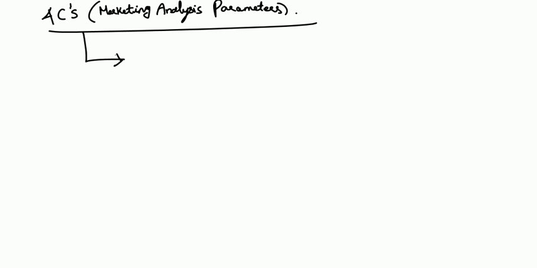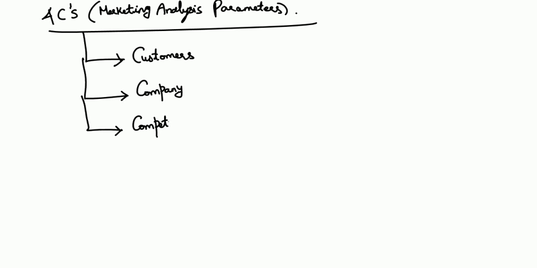As we saw in the framework, it is the customers, the company, the competitors, and the collaborators. So these are the 4 C's which make up the marketing strategy of any small or medium or big enterprise.